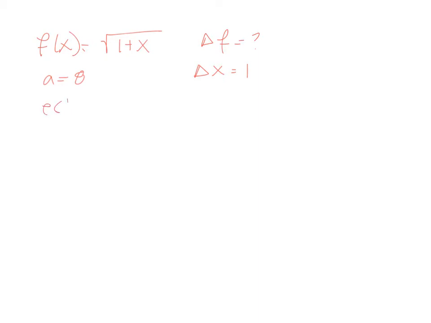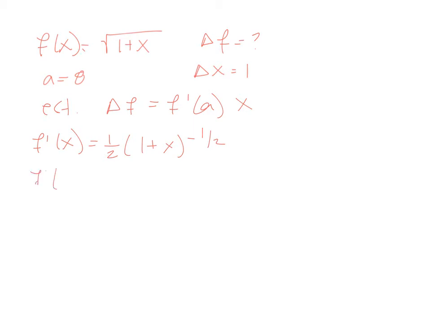So we are going to find what the change of f is using that formula. We're going to estimate the change in f using change of f equals f prime of a times change in x. So we're going to need f prime of x first, and then you're going to need to plug in a to find it. So pause if you want to do it on your own. I have this is 1 plus x to the 1/2, so it's 1/2 times 1 plus x to the negative 1/2. Chain rule would be just times 1, so there's no times 1 necessary for chain rule.